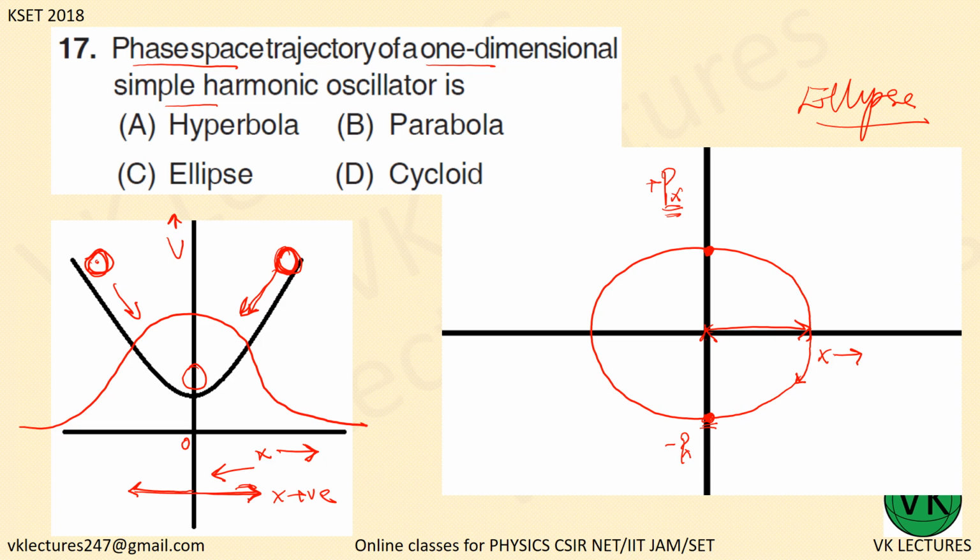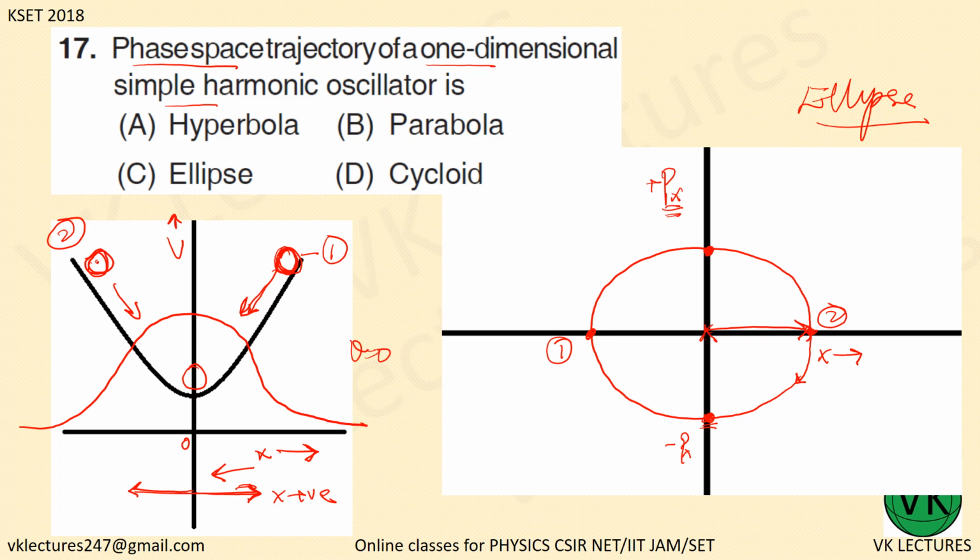Now you have minimum momentum. Minimum momentum means velocity equal to 0. Where is velocity equal to 0? At these 2 points, you have momentum equal to 0. These 2 points, 1, 2, they have least momentum.